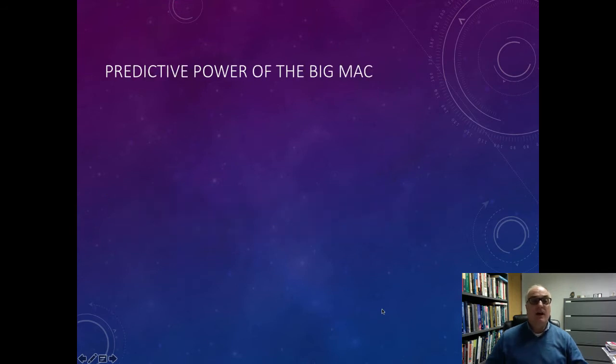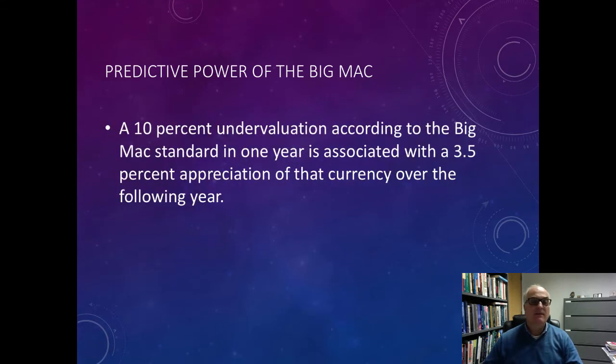So what the Big Mac index has found, actually, in performing that year after year, is that The Economist magazine has found there is actually predictive power to the Big Mac index, so it does support purchasing power parity theory. And what they have found is that on average, a 10% undervaluation according to the Big Mac standard in one year is associated with, on average, a 3.5% appreciation of that currency in the following year.